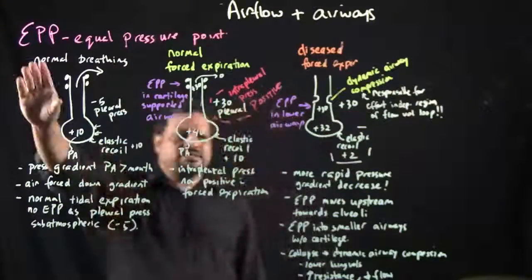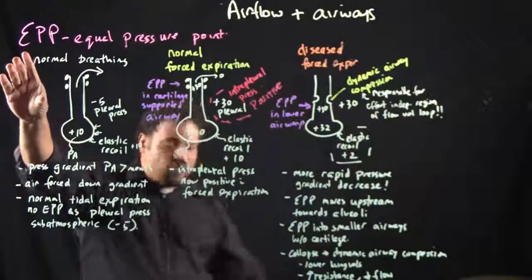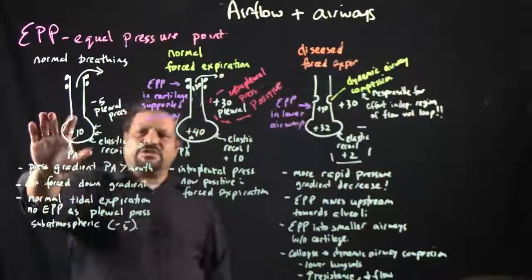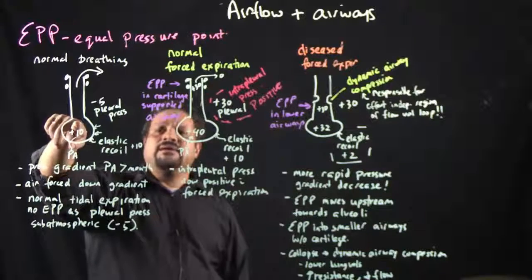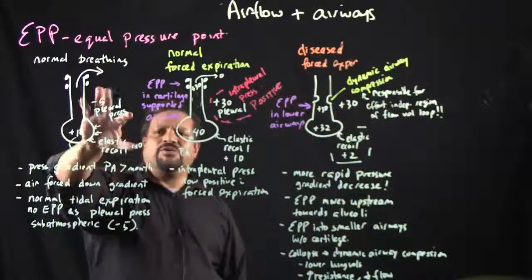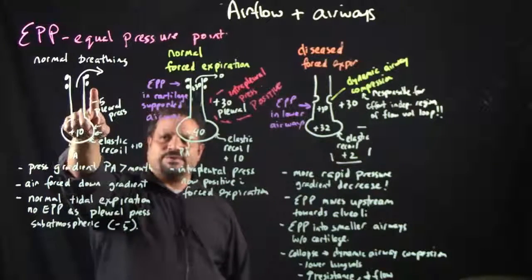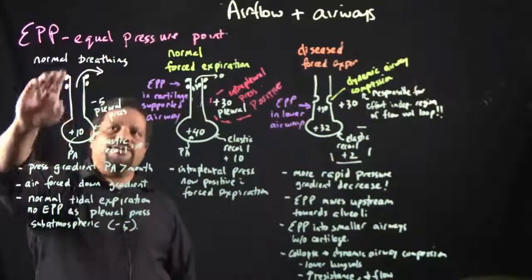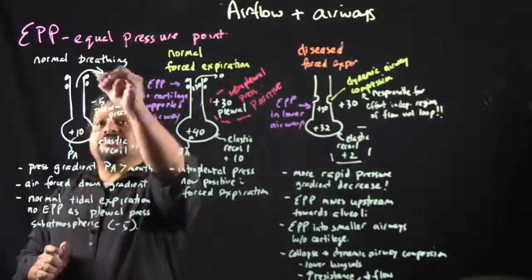Okay, so let's first look at what happens with normal breathing. Okay, and what we have is the alveolar pressure is plus 10. Okay, and that's because the major contribution is by the elastic recoil, and the pleural pressure is negative. So the intrapleural pressure is negative. Okay, so the pressure gradient goes from the alveoli to the mouth, and the mouth is basically 0.